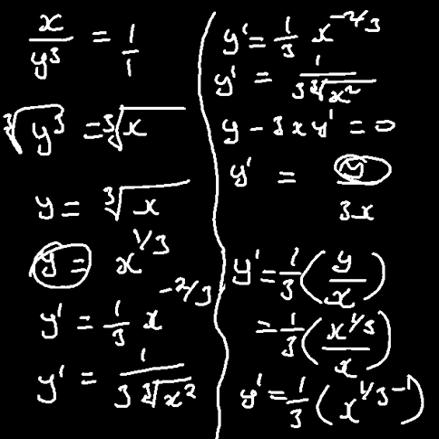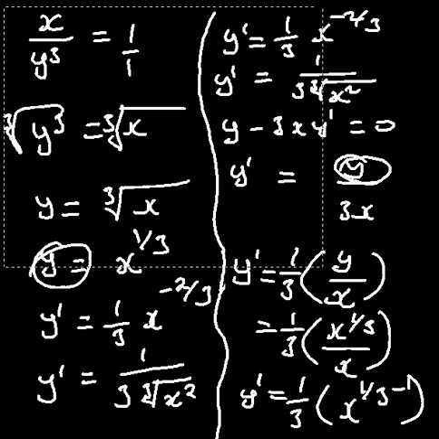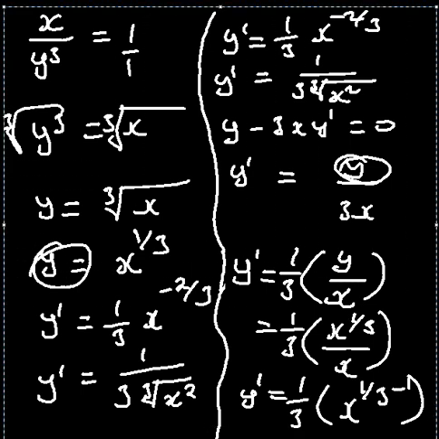So as you can see, the derivative of the second case is the same as the derivative of the first case. Therefore, the derivatives are the same. So keep that in mind.